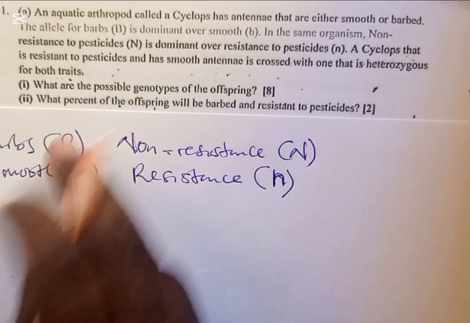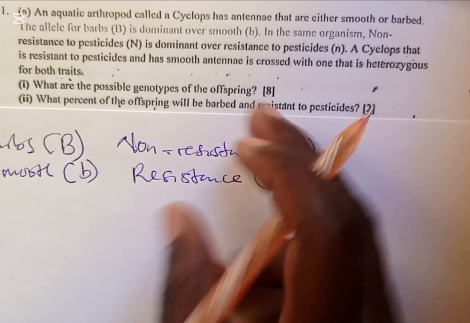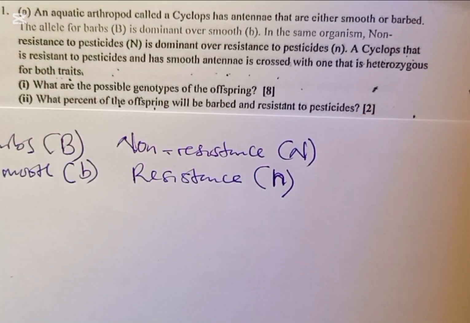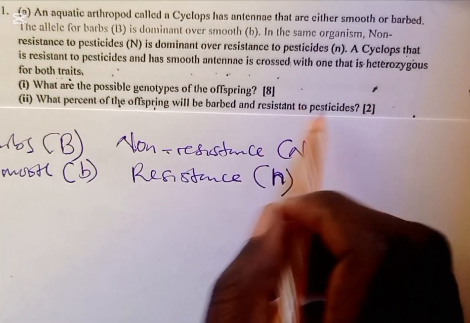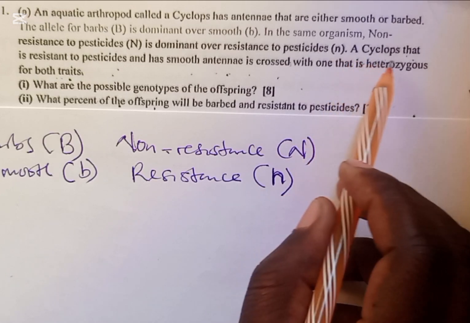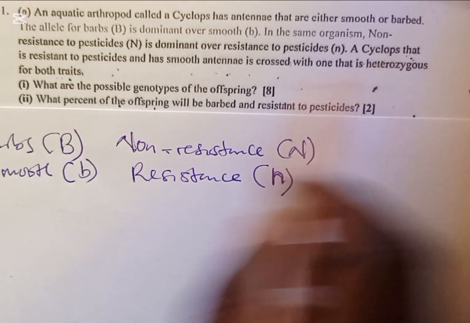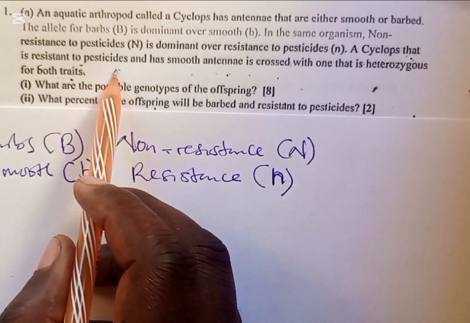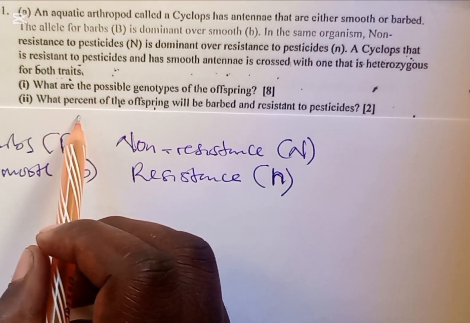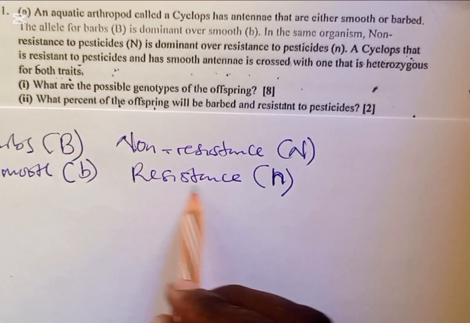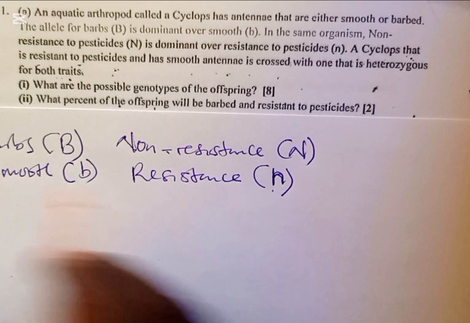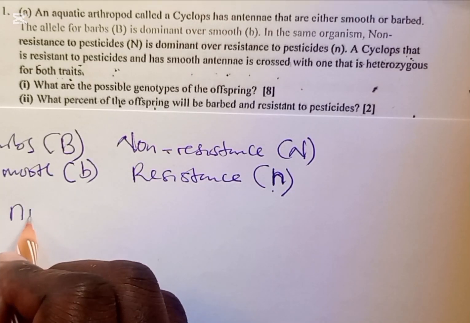Now we have this characteristic. We also have this characteristic. So there are how many? There are two characteristics that we are looking at here. Now the statement is saying, a cyclops that is resistant to pesticides. So the only way the recessive allele for resistance can be expressed is when it is like this, small n small n.